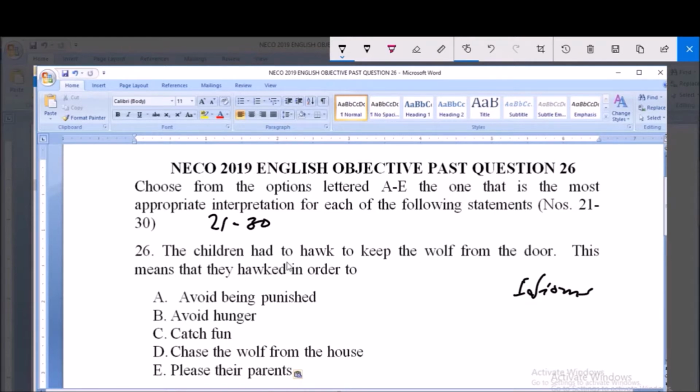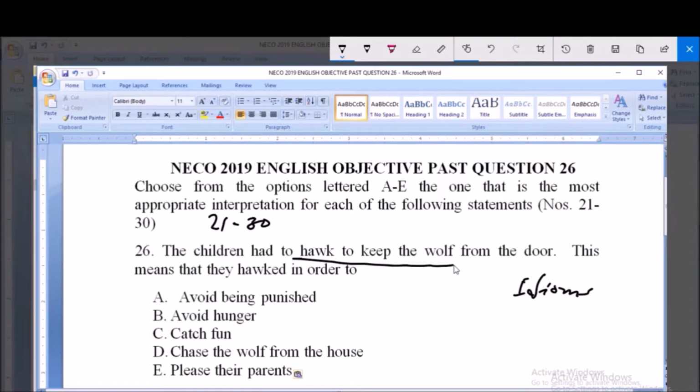The children had to walk to keep the wolf from the door. This means that they walk in order to dash. So the focus here is keep the wolf from the door.